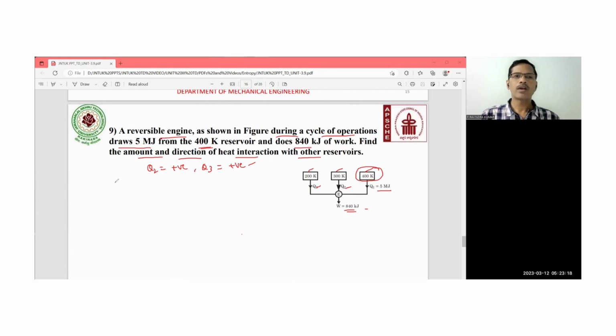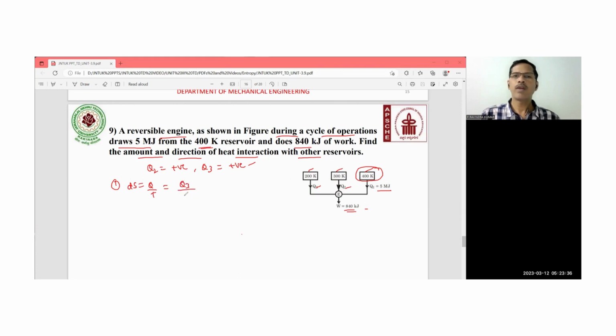According to the first case, that is the entropy change, dS is equal to Q by T. So in a cycle, what formula do you get?